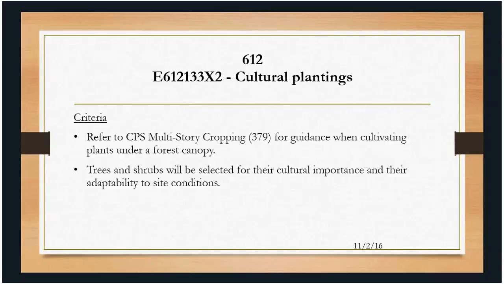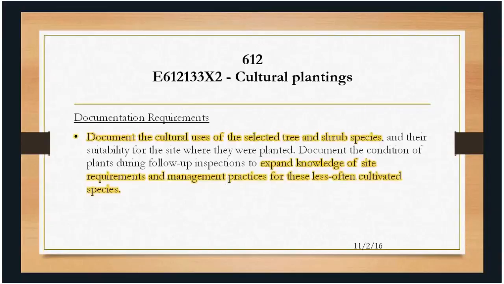The criteria: if you're going to be doing this under a forest canopy, you have to use the multi-story cropping. Trees and shrubs will be selected for their cultural importance and their adaptability to site conditions. You have to document the cultural uses of the selected tree and shrub species.